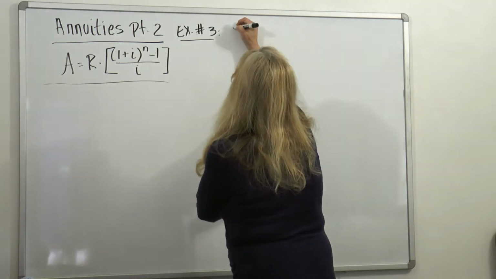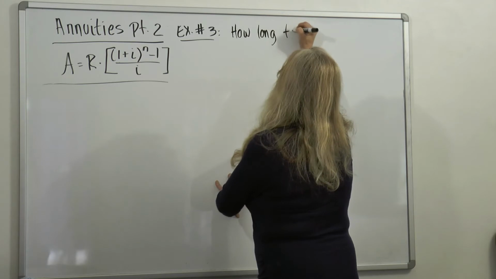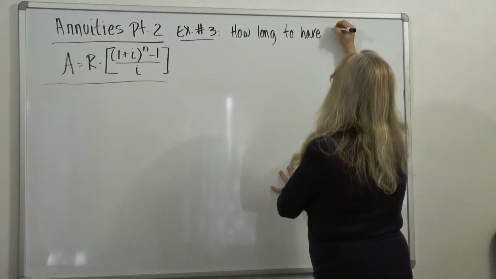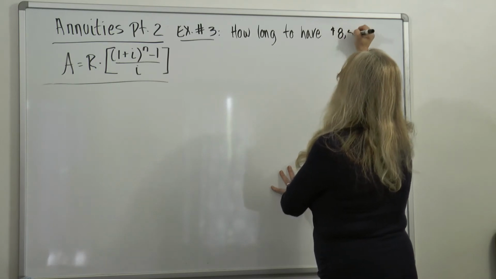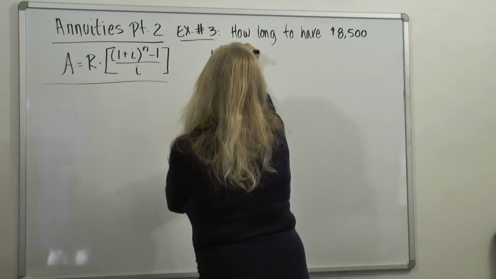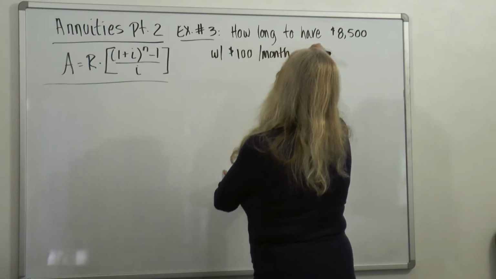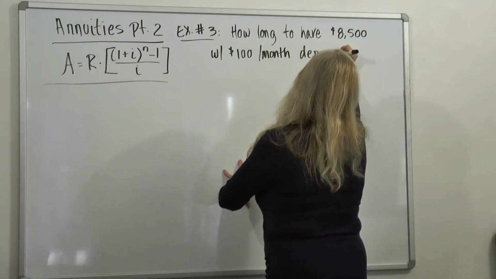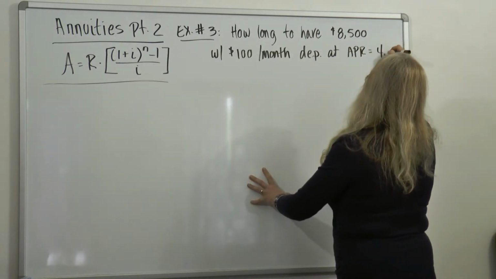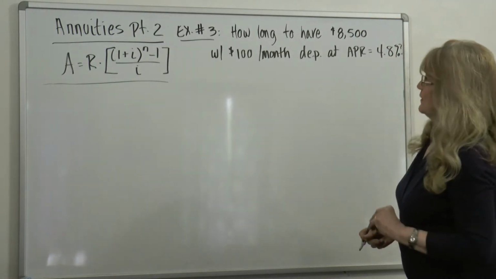So we want to know how long to have, let's say, $8,500. The $100 a month deposit at an APR of, say, 4.8%. That give me enough information?